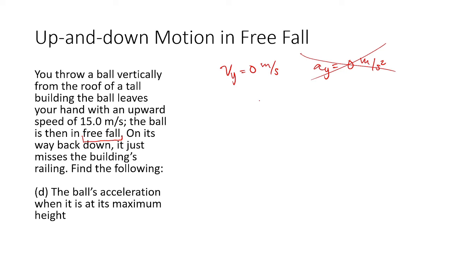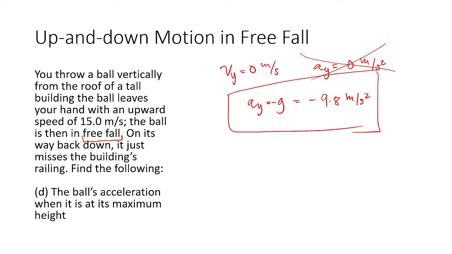Meaning to say, our acceleration will be just equal to our g, or our negative g, which is actually equal to negative 9.8 meters per second squared. So that will be the answer for your letter D. Okay, so, and that will be the last part of this set of questions.